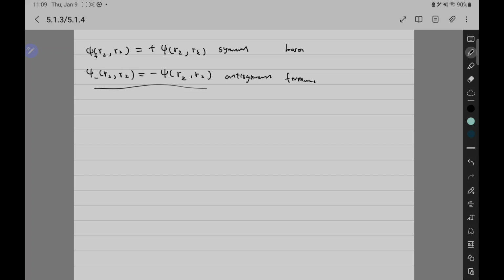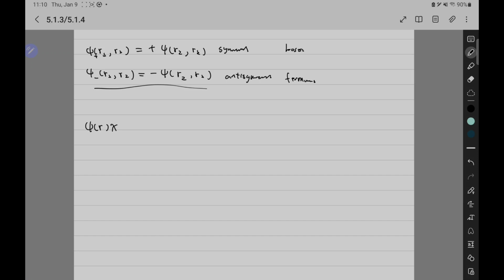And one thing I did not talk about was spin. The complete state of the electron is not just phi with respect to r, the spatial coordinate; that is not the complete information of our wave function. There's also something we call the spinor, which we can write as chi here.